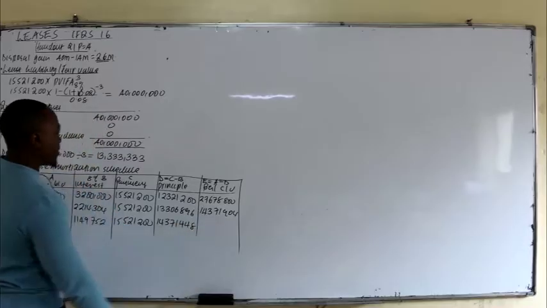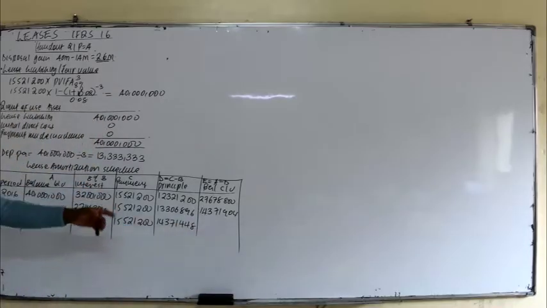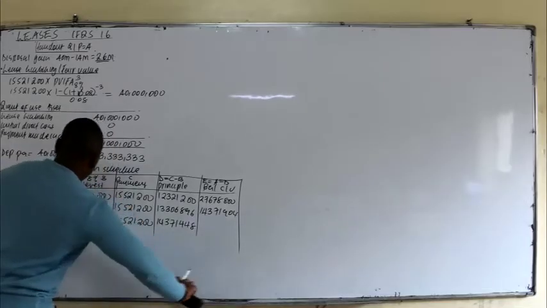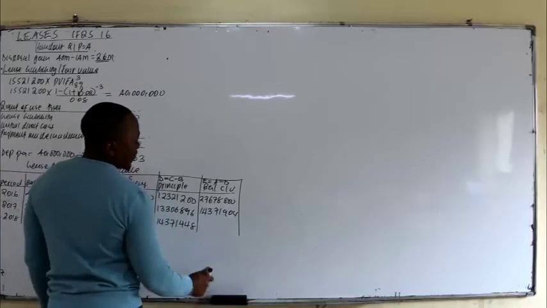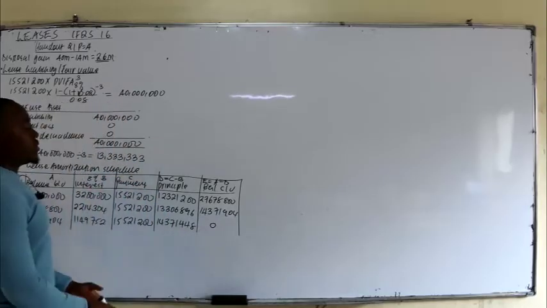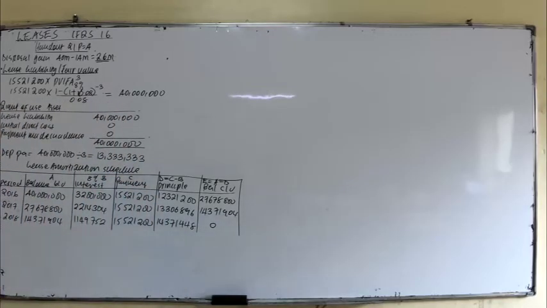Now let's get the balance carried down. You take the balance brought down, you minus the principal. You get 456, so equated to 0. Good. That's how you're supposed to amortize the debt.